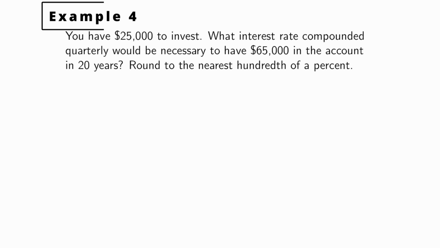So our principal here is $25,000. We want to find the interest rate, right, r. Our amount at the end of our investment should be $65,000. We're compounding quarterly, so that means n is 4.